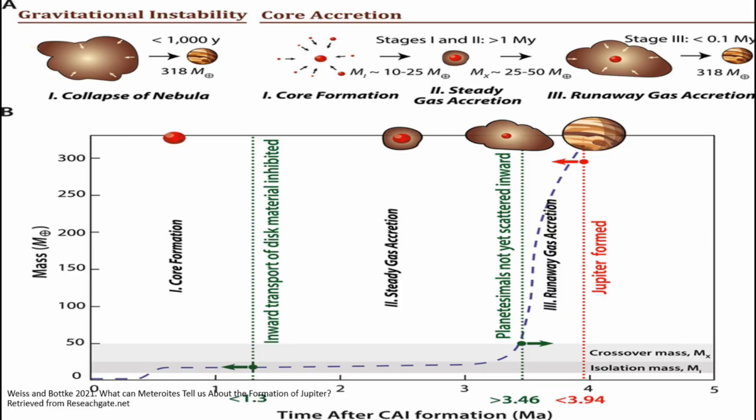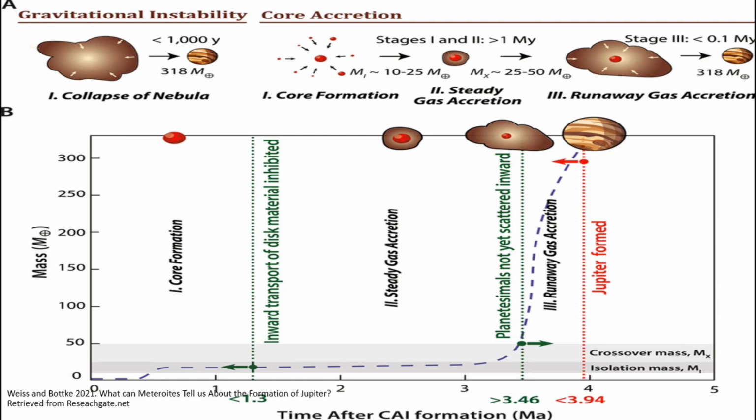We can see here that we believe Jupiter formed very, very quickly and sort of all at once. The core, which was the rocky part of the planet, reached about 15 Earth masses in just 500,000 years.